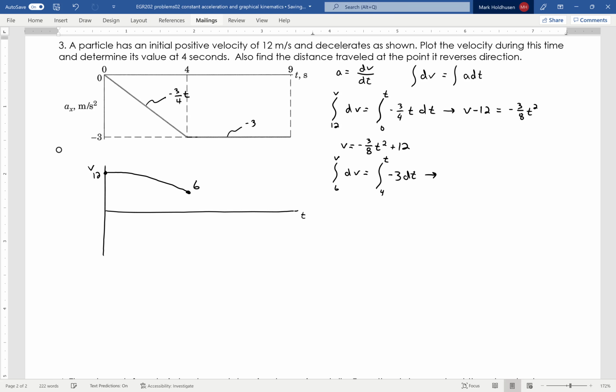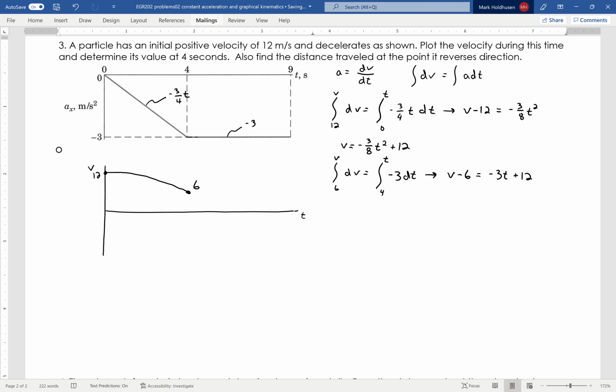So this one becomes very simply v minus 6 on the left side. And then what I get here is -3t, but again, I'm going from 4 to t. So when I plug in 4, I get a plus 12.